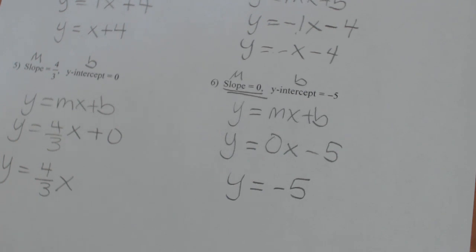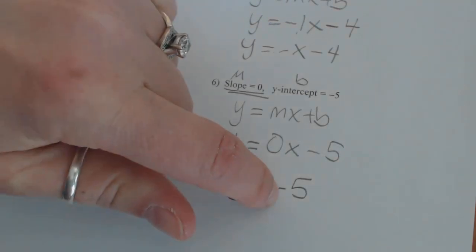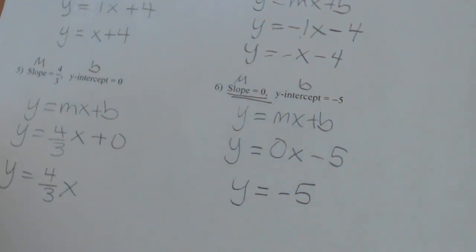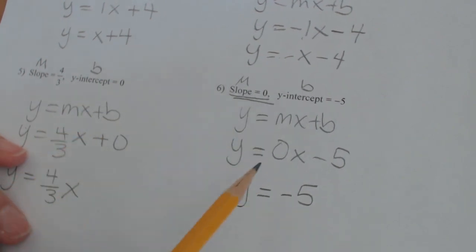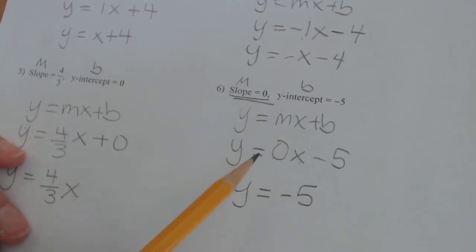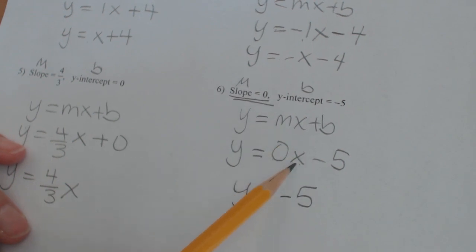That is the only way that you can get no x value in this final answer, is when you have a slope of 0, because 0 times x and 0 times any number that you put in will always be 0. So this can drop out only in the case when our m value is 0.